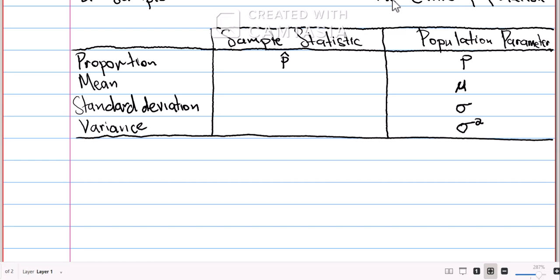Then the mean is x bar. For the standard deviation, we use the small letter s, and for the variance we use s squared. So these are the sample statistics to measure the proportion, the mean, and the standard deviation.